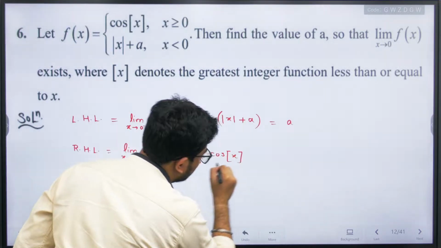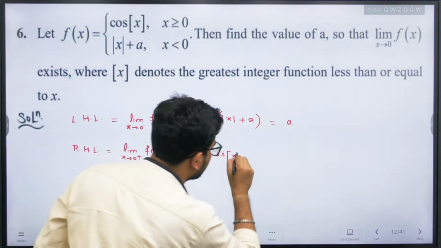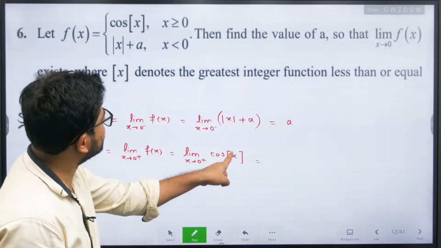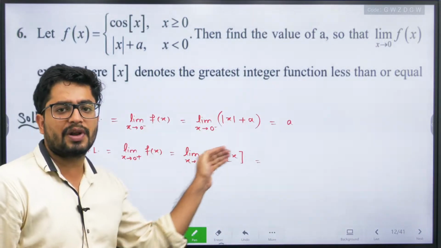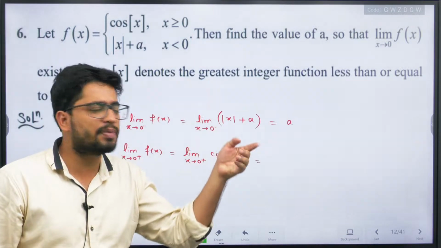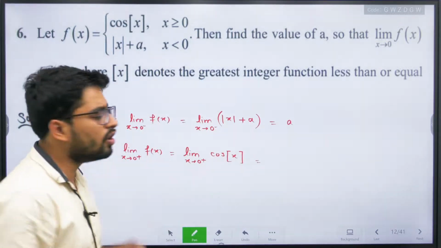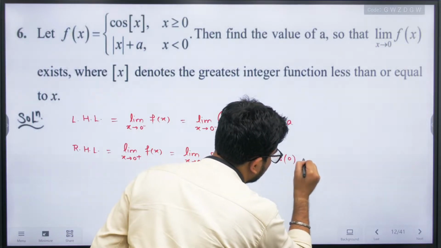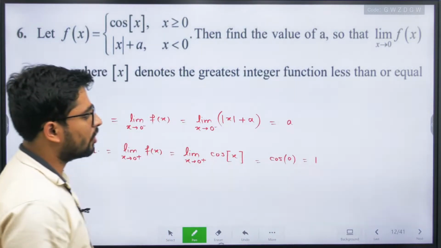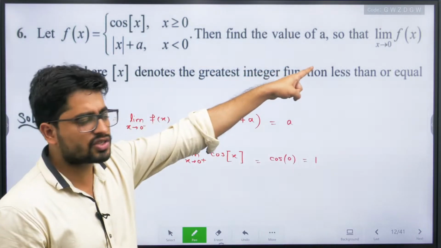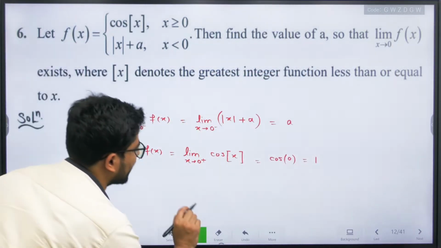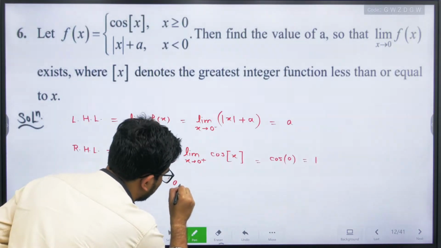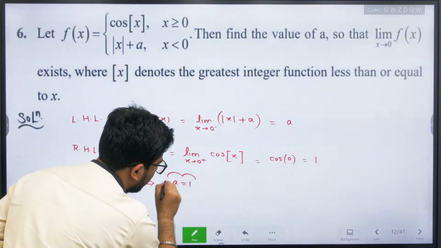Whenever x tends to 0 plus, the greatest integer x is 0. So this is cos 0, and cos 0 is 1. Now you know the limit exists, so the left hand limit and right hand limit are equal. So from here, a is equal to 1.